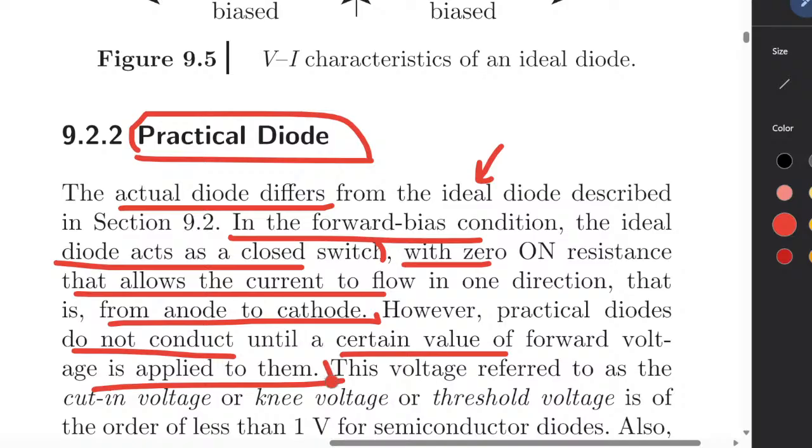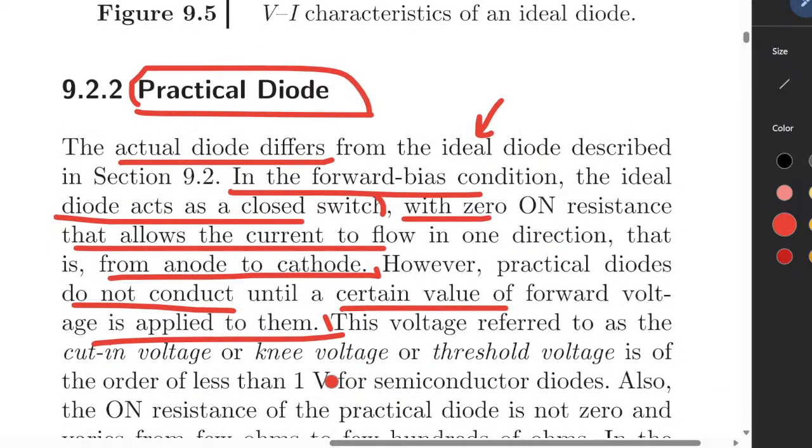As we know, in forward bias condition the circuit behaves like a short circuit, but in a practical condition it does not conduct until a certain value of the forward bias voltage is applied.